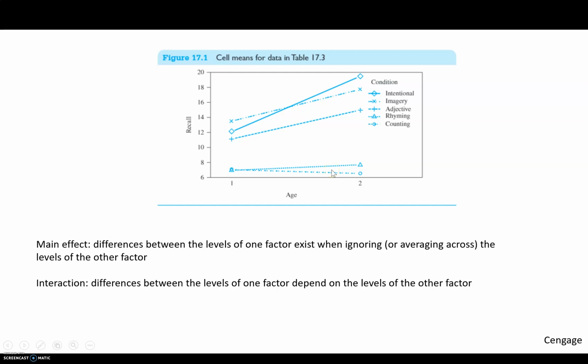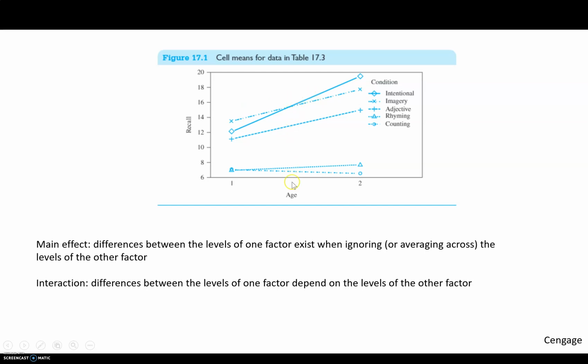Similarly, you can also ask if you were to average across age for each of these tasks, does it seem like there are differences between the different conditions? If you take this one and this one, you probably put the middle right about here, and then right about here, and then averaging across the x's here.